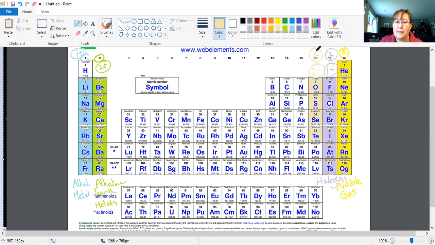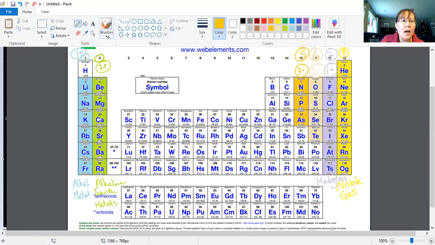They're just group 6. Then here, these don't have a special group name either, they're just group 5, and these tend to form 3- charges.